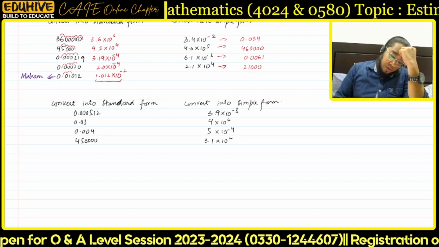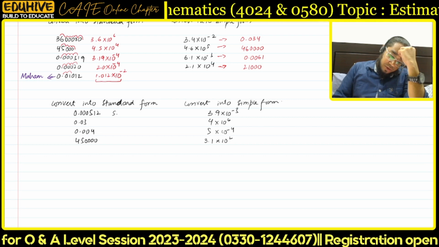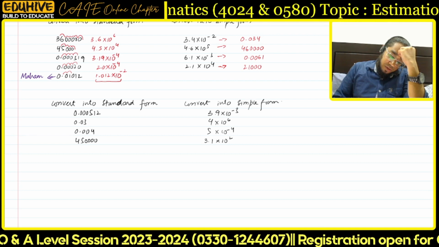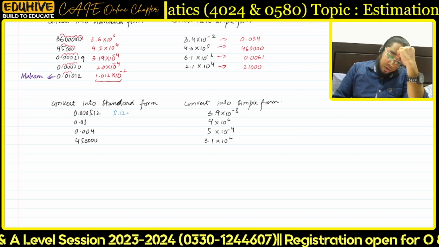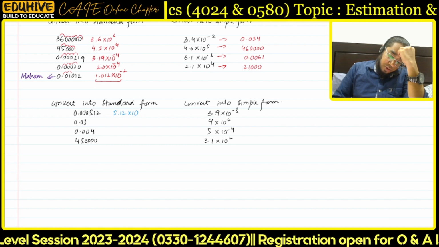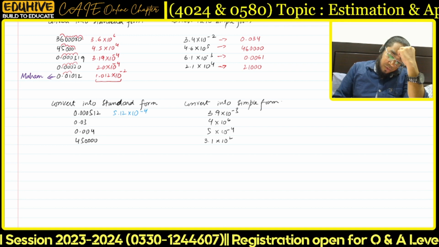So the first one should be 5.12 into 10 raised to the power, 1, 2, 3, 4. That's going to be minus 4 over here.